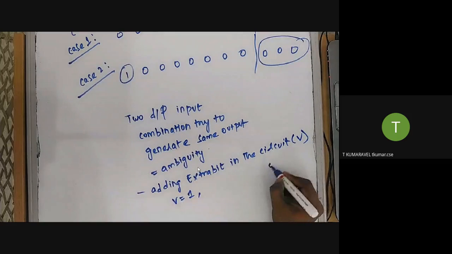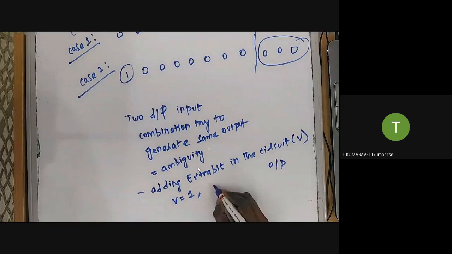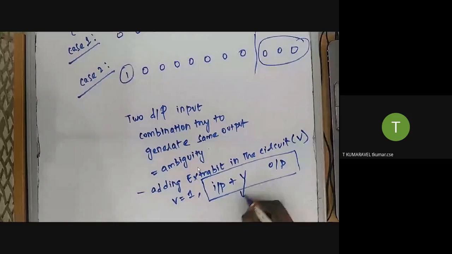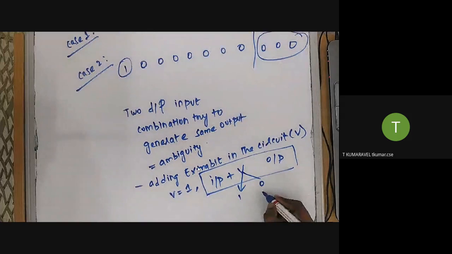To generate the output, we first consider the input combination as well as that extra bit V. If the extra bit V equals 1, it generates the output. If the extra bit value is 0, it does not generate the output. I will show it in the diagram so you can easily understand.